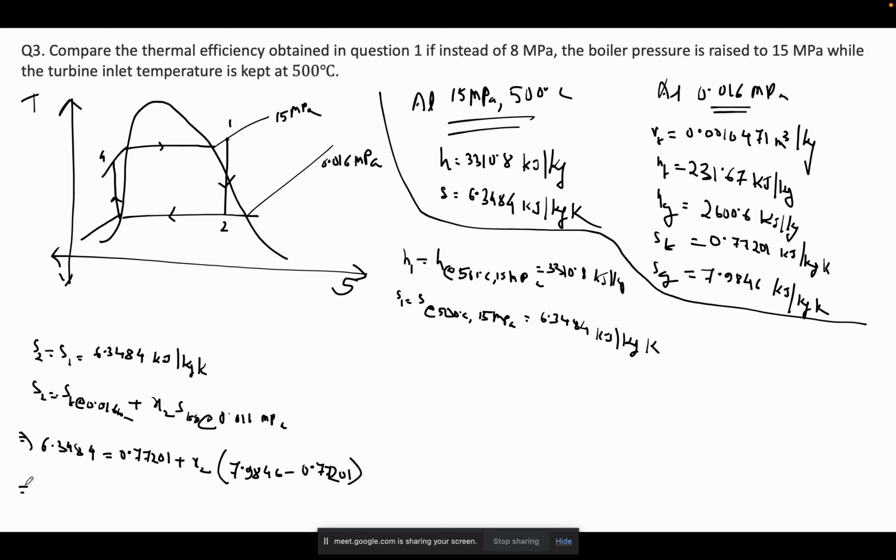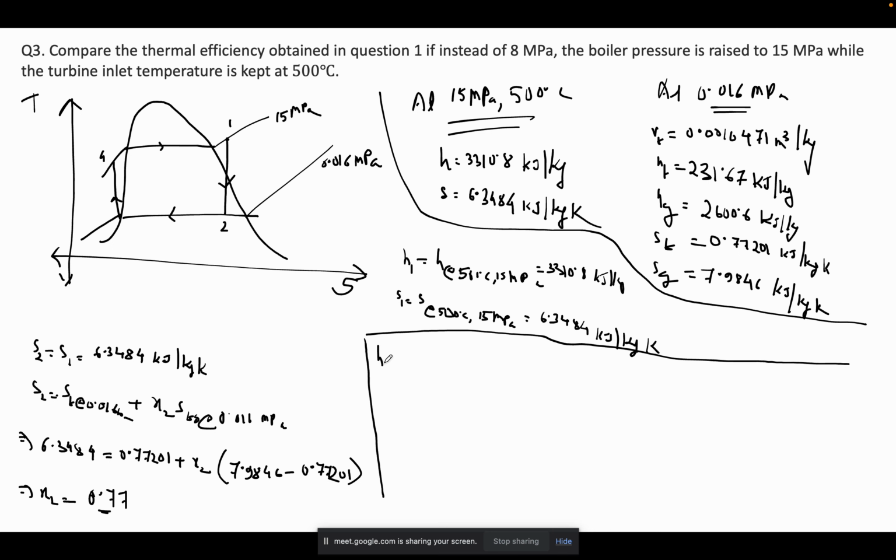So from here x2 is equal to (6.3484 minus 0.77201) divided by (7.9846 minus 0.77201). This is your 0.77. So this is your quality of the steam, and if you remember, this is the lowest quality of the steam among all the three parts. Okay, that means of the first two parts, this is the lowest quality.